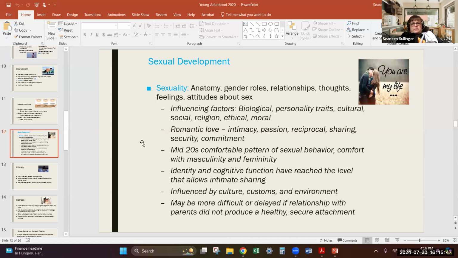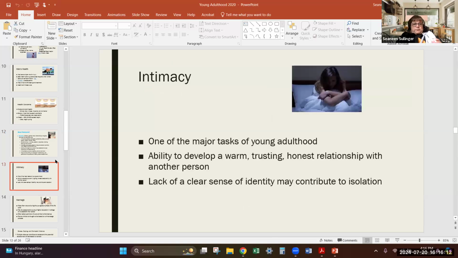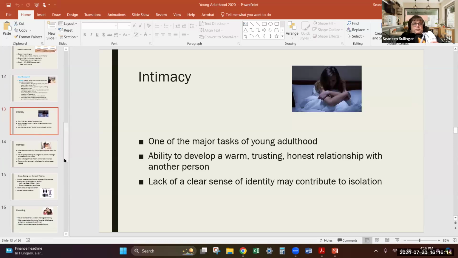Sexuality, we talked a bit about this in adolescence as well, but looking at gender roles, relationships, attitudes about sex, a lot of it depends on how you were raised, your culture, developmental level. And then depending on what kind of relationship you had or you witnessed your role models have when you were young, that can affect your intimate relationships in early adulthood as well.